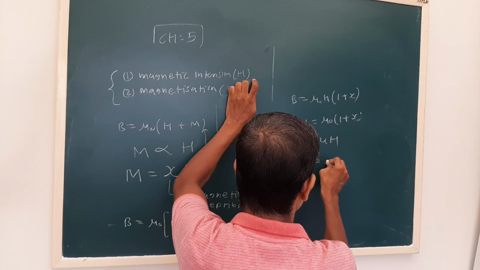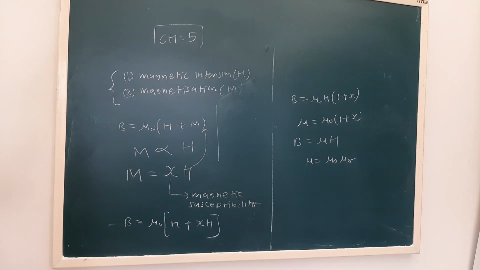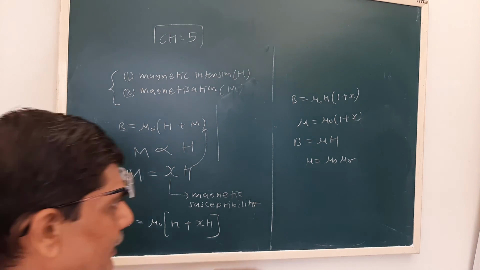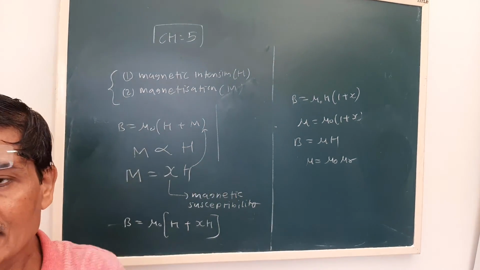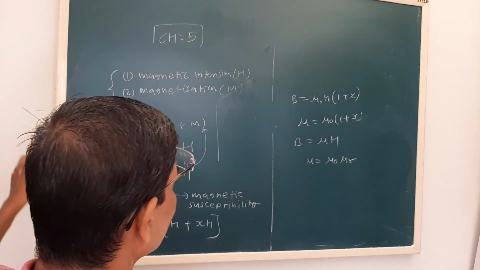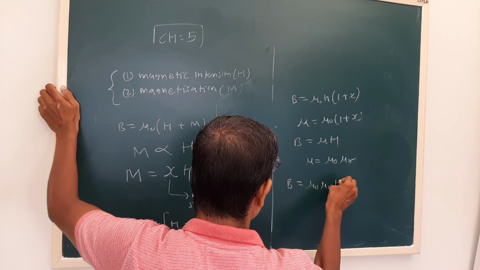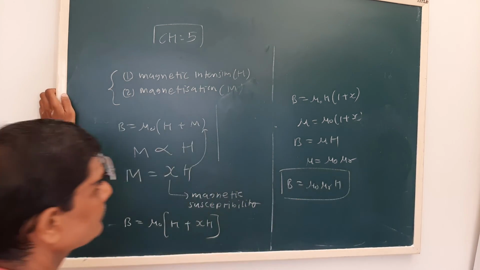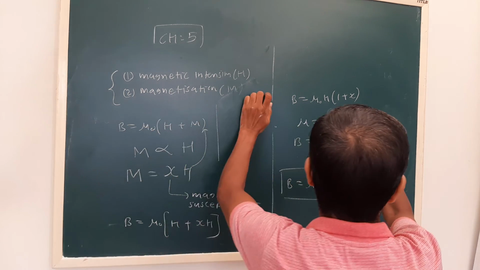Now we write mu is equal to mu 0 into mu r. Mu 0 is the magnetic permeability of the vacuum. Mu r is called the relative permeability. So our equation will become mu 0 mu r H. That is also an important equation.